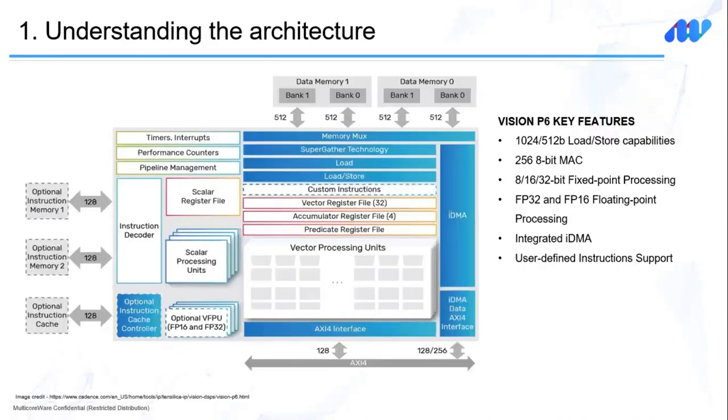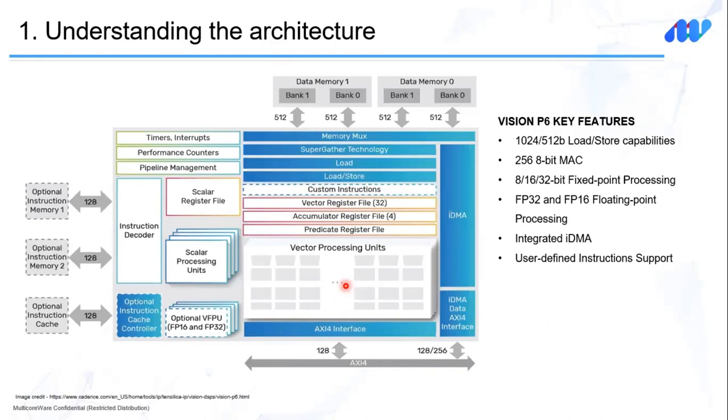The very first step in optimizing any algorithm for a target architecture is understanding the architecture thoroughly. I've taken the Cadence Tensilica Vision P6 DSP architecture to illustrate what different components to look out for before the engineers deep dive into hands-on optimization.